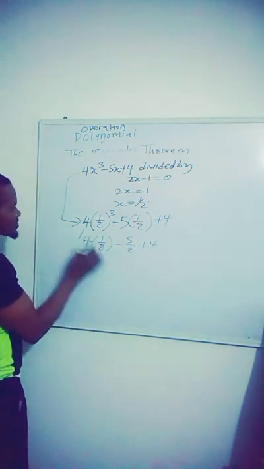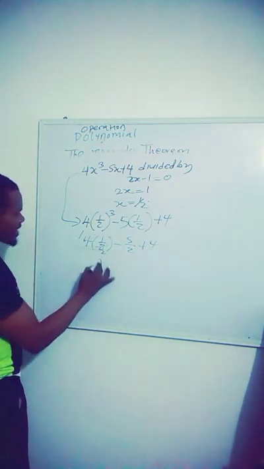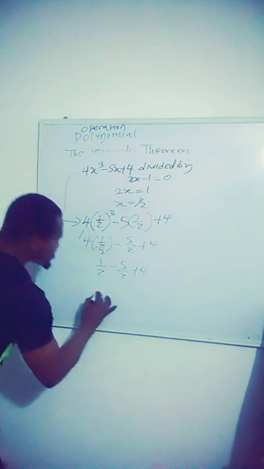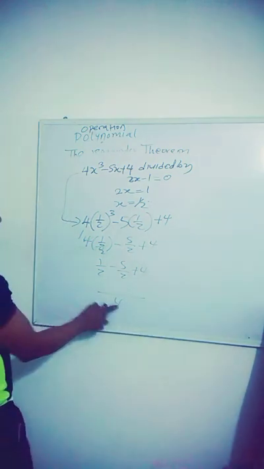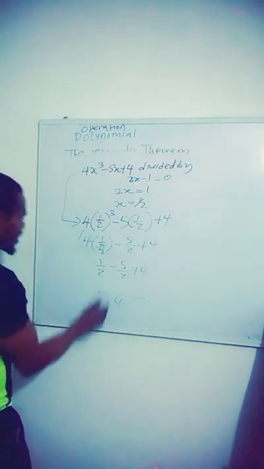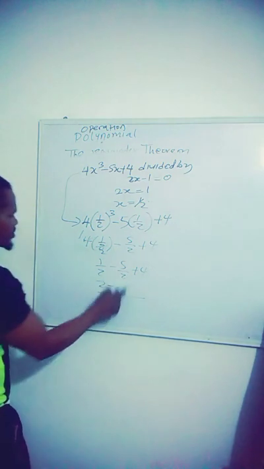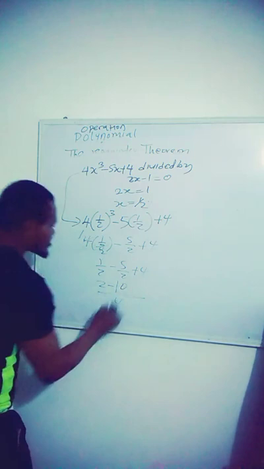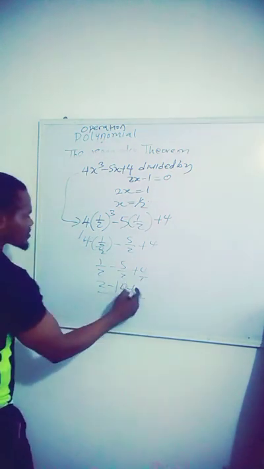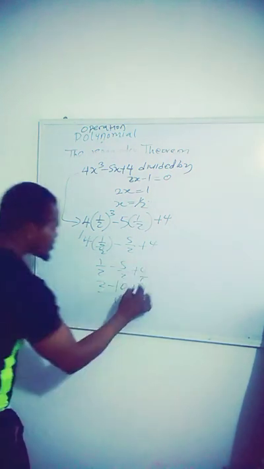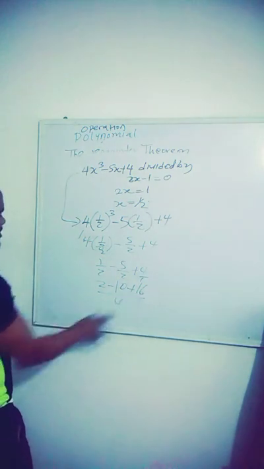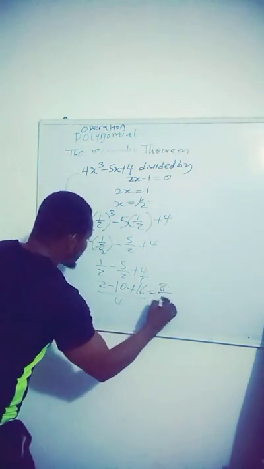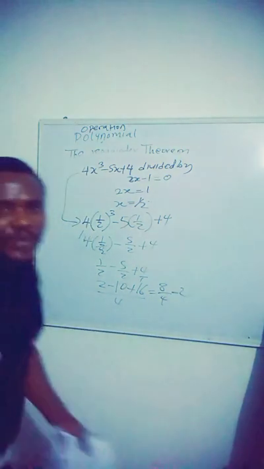So 4 here 1, 4 here 2. So we have 1 over 2 minus 5 over 2 plus 4. Here the LCM is 4. 2 in 4, 2 times 1, you have 2. Minus 2 in 4, you have 2, times 5, you have 10. Plus 1 in 4, 4 times 4, 16. So you have 16 plus 2, 18, minus 10. That is 8 over 4. Answer is 2.